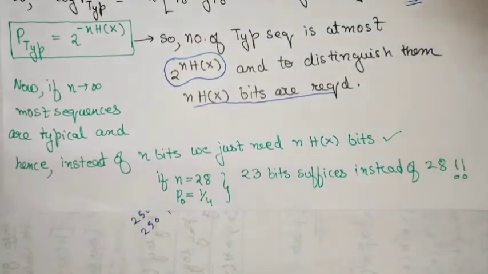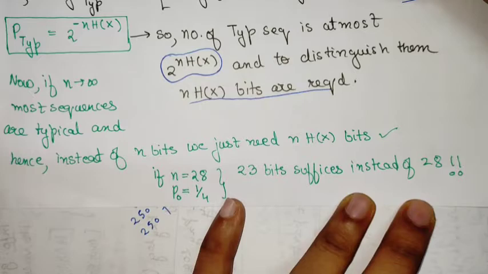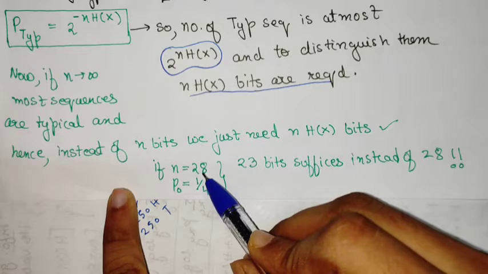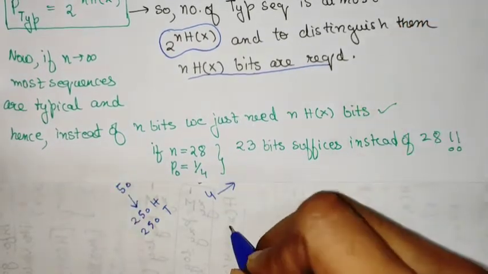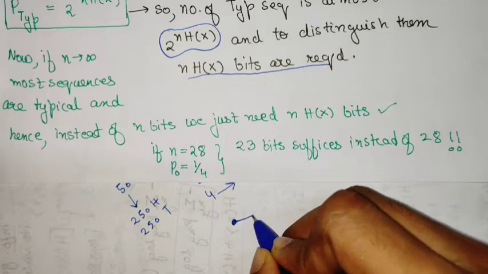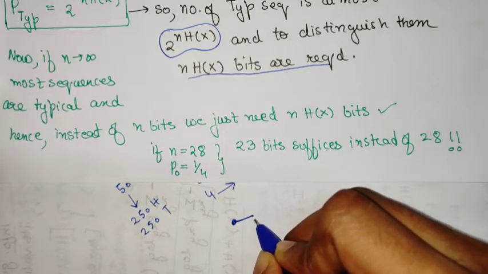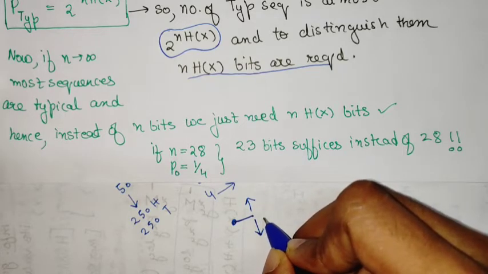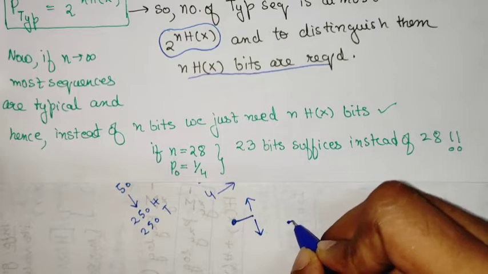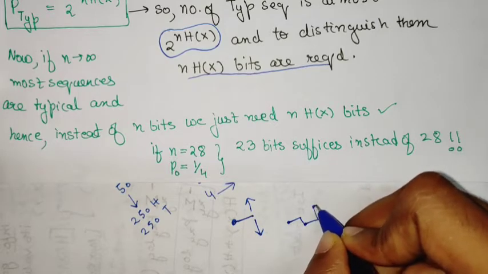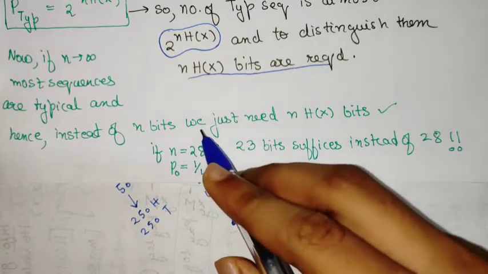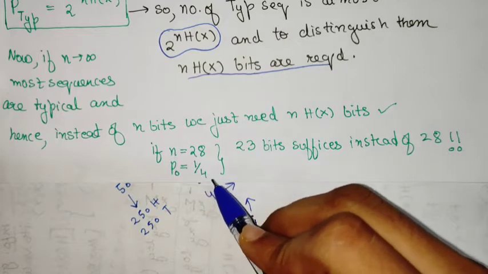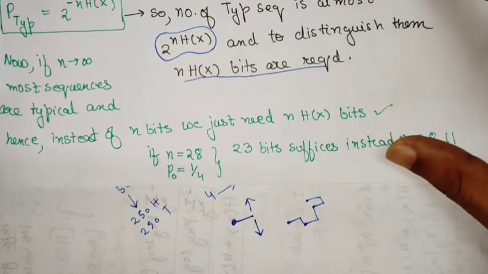So a small example will be helpful. Suppose we have n equal to 28. That means we take a robot, and at every step it can go to the left or to the right, and we observe the robot for these 28 trials, and the probability that it chooses left is 1 by 4.